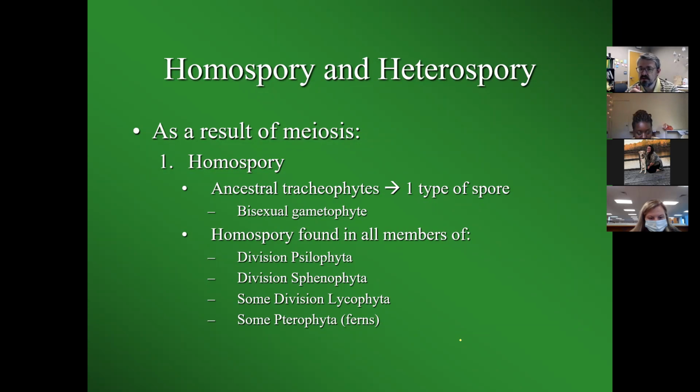Why are these important? Because these are the four major groups that we're going to talk about in the ferns and fern allies group. So all of Xylophyta is homosporous, all of Sphenophyta is homosporous, some of Lycophyta is homosporous, and some of Pterophyta is homosporous. One type of spore.